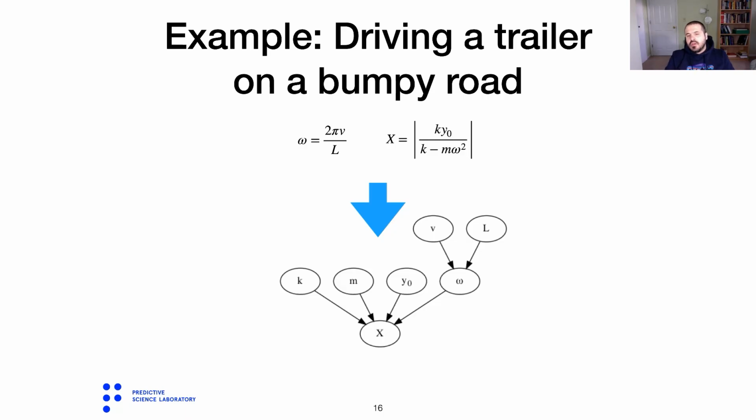You see that v, the velocity with which the trailer is traveling, and the wavelength of the road roughness together conspire to give you omega. Then the spring constant, the mass of the trailer, the amplitude of the road roughness and the angular frequency omega, all these four together will give you the maximum amplitude of oscillation. So this is our model, and this is the causal interpretation of our model. This is how the quantities of interest omega and x get their values.